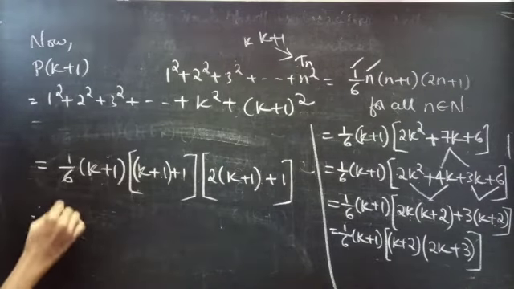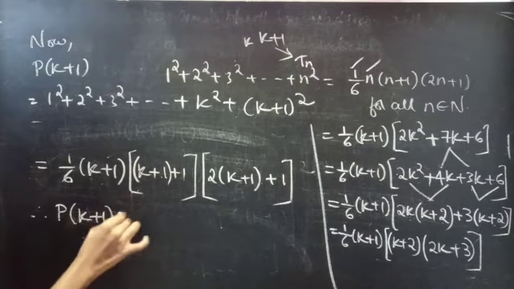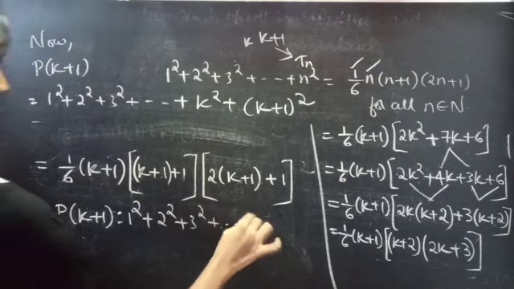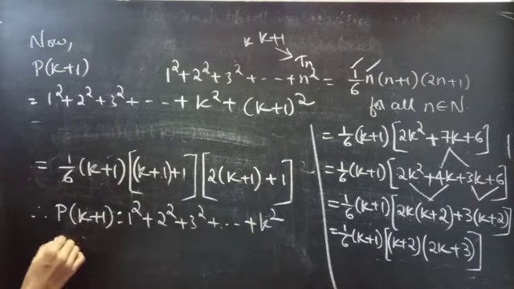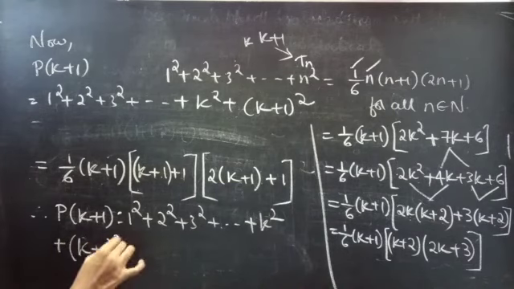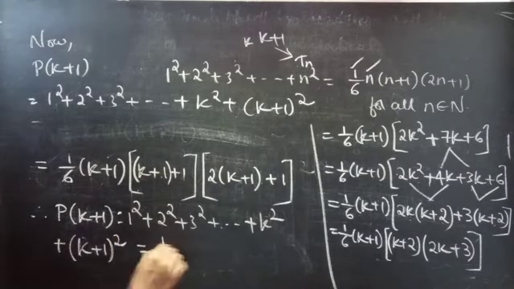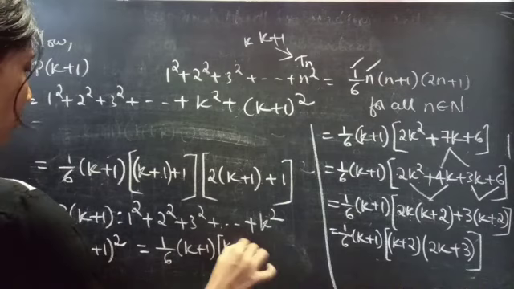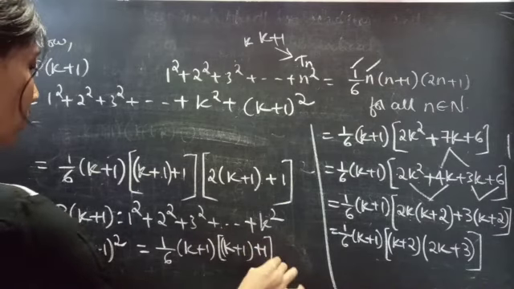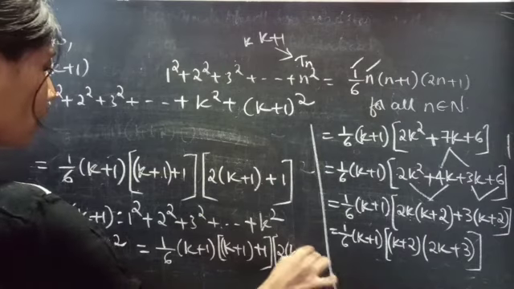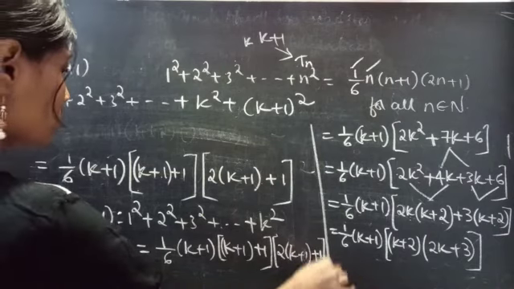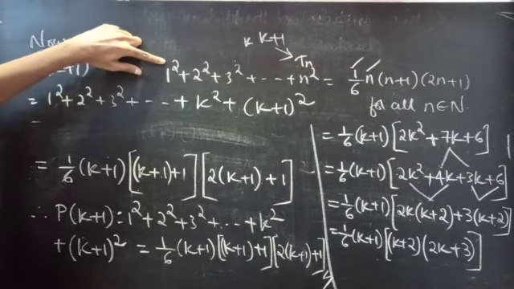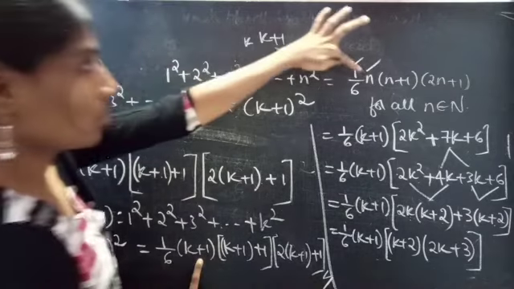Therefore, P of k plus 1, such that 1 square plus 2 square plus 3 square plus so on plus k square plus the k plus 1 term, k plus 1 square, equals 1 by 6 into k plus 1 into k plus 1 plus 1 into 2 times k plus 1 plus 1. Okay. So the given statement is true for n equals k plus 1.